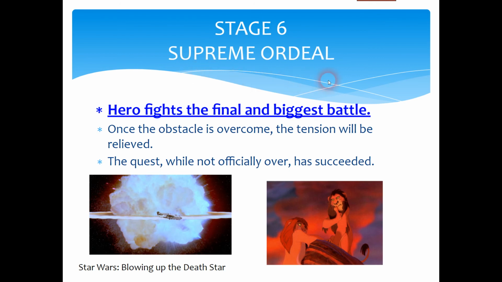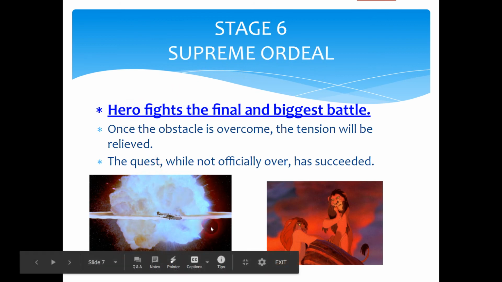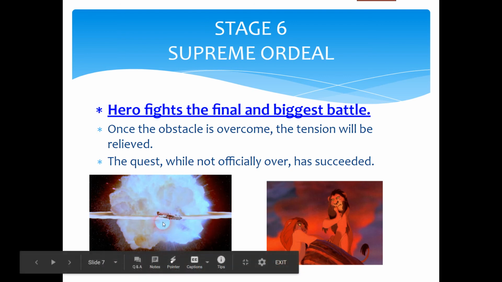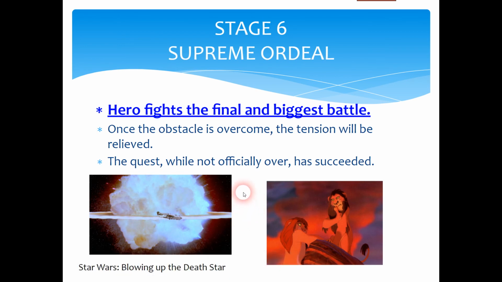That's called the Supreme Ordeal. You can picture that will be near the end of the book. Every hero does so in a hero's journey. In the first Star Wars movie, Luke Skywalker blows up the Death Star. This is a big space planet thing that's going to destroy people. Anytime you see a hero's journey, they have to fight a big bad guy. So you want to write Supreme Ordeal for 6. Hero fights the final and biggest battle.